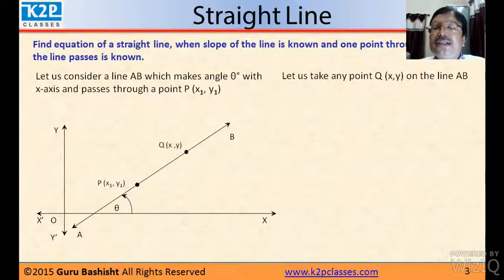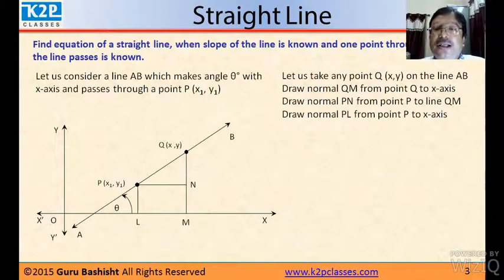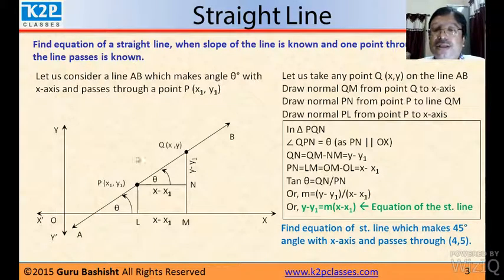Let us take any point Q on the line whose coordinate is x, y. Draw a normal from Q to the x-axis, then draw normal PN from P to line QN. Draw normal from P to x-axis, PN. This angle is theta, so this will be theta.